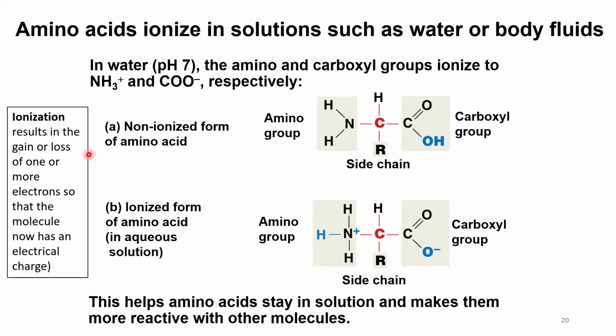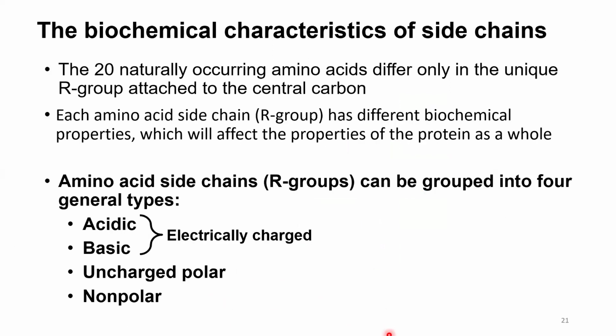And what happens is the non-ionized form is like this, but then when it's in like an aqueous solution or like body fluids, what happens is that you have ionized amino acids. And this essentially helps amino acids stay in the solution and makes them more reactive with the other molecules around.